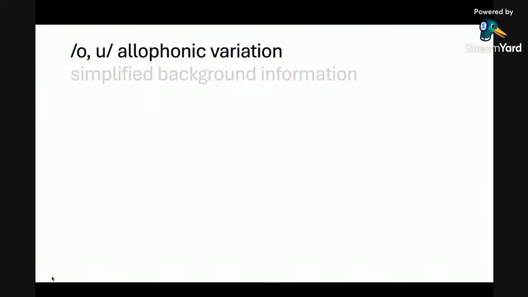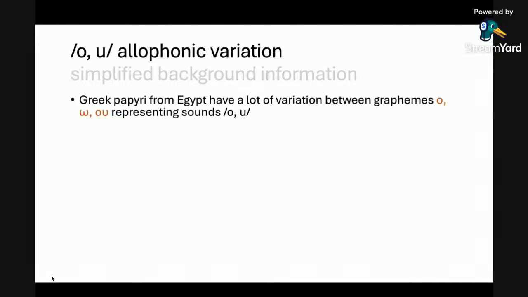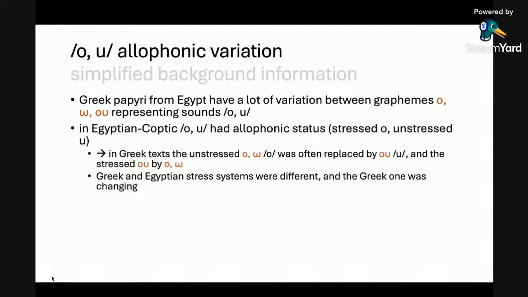So, simplified background information about this case. Greek papyri from Egypt have quite a lot of variation between the graphemes that signify the O sound. There's short O, long O, and OU. They can be pronounced with O and U. And then the other language that was present in Egypt was Egyptian, of course.